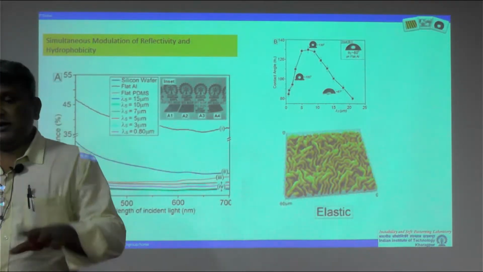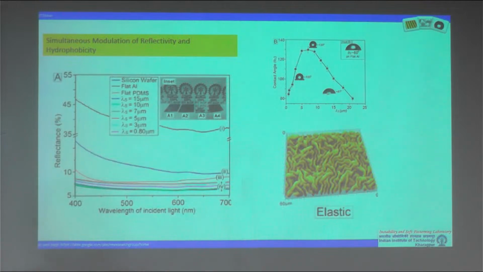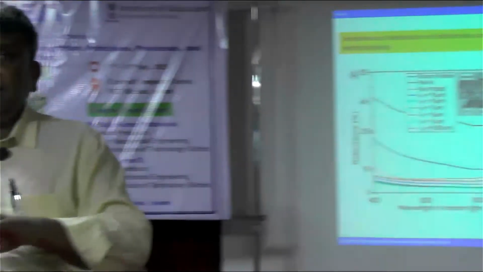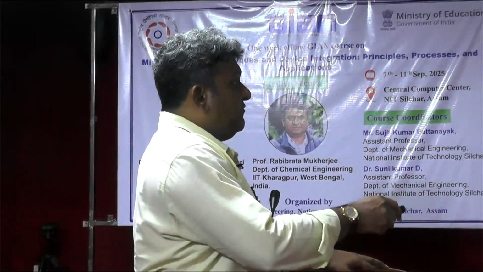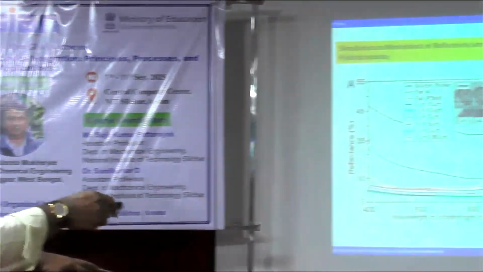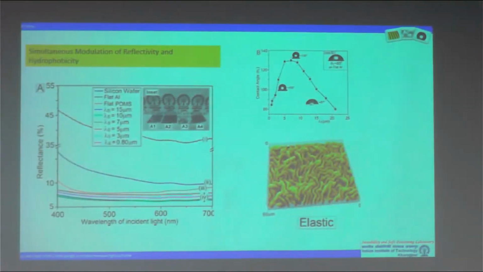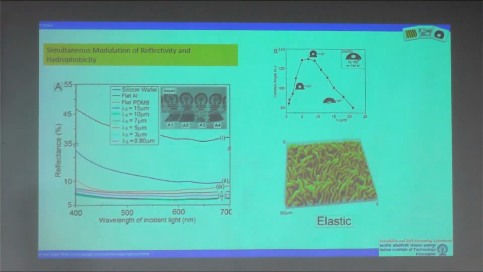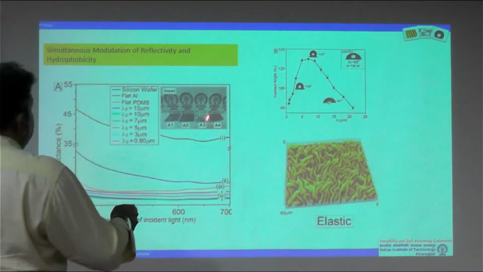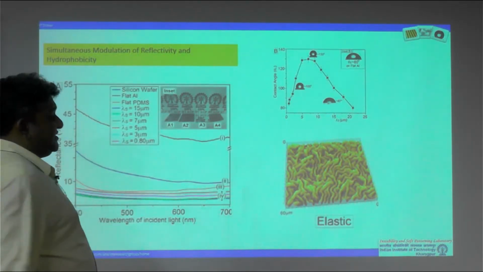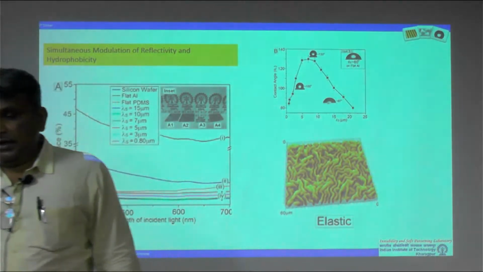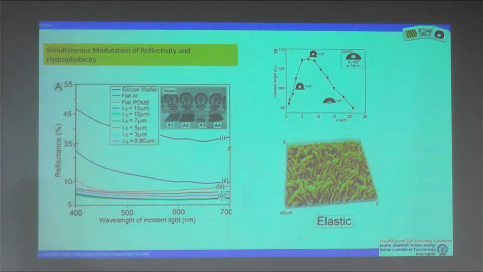So what has happened is, by tweaking or modulating the geometry of the features, we could actually control the reflectance of these surfaces, which is very important in many applications. For example, this particular one, you can look into the publication for the details, is a completely non-reflective surface.